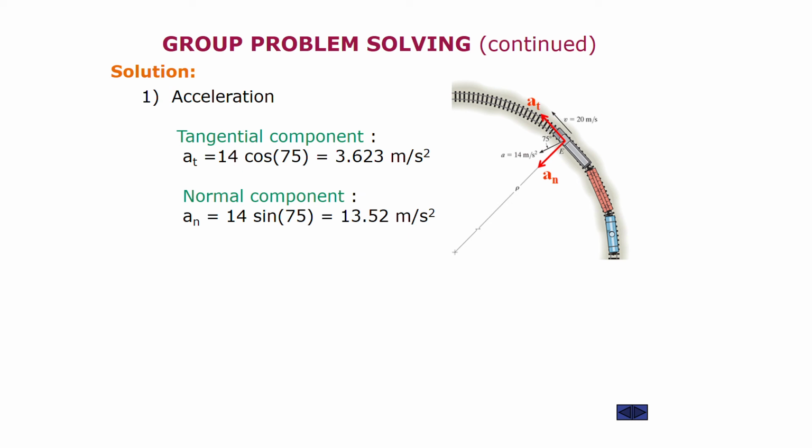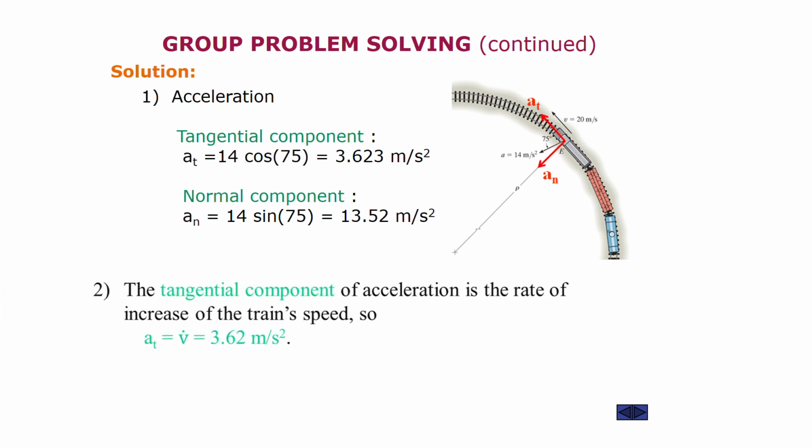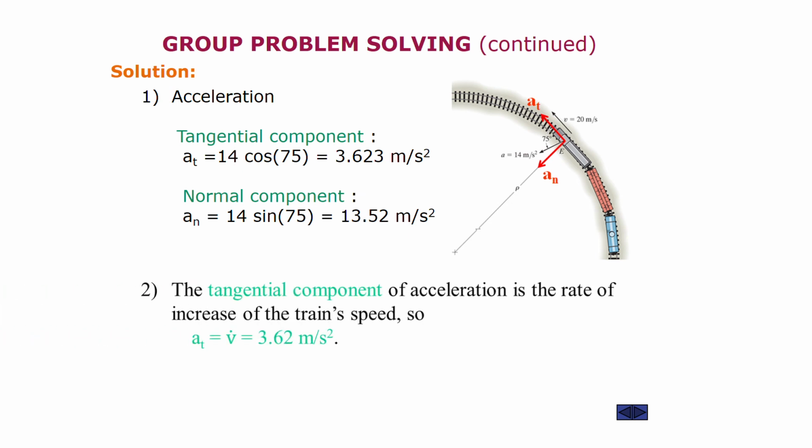You have the tangential component: at is 14 cos 75, and an is, sorry, 14 sine 75. So we got your at and an. The tangential component of acceleration is the rate of increase of the train speed. So at is 3.62 meters per second squared here.